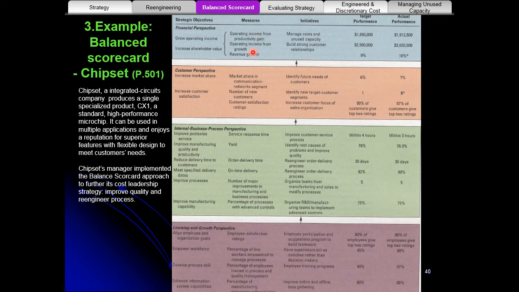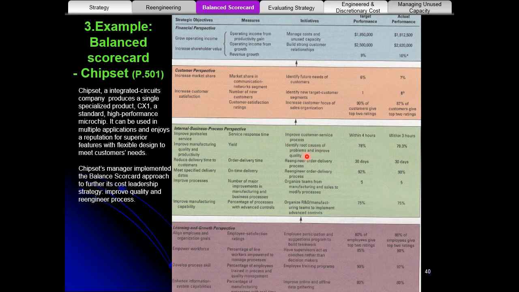So measures are set up to formalize these initiatives, to give signals as to whether an initiative is being undertaken or not. For example, an initiative may be, we want to improve customer service process. So how do we know if we are improving? Well, we may need to measure service response time. Can you see that?